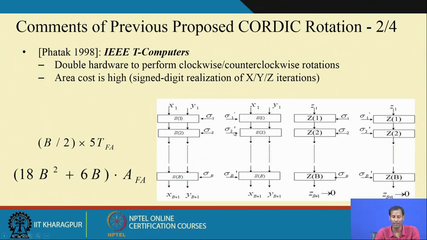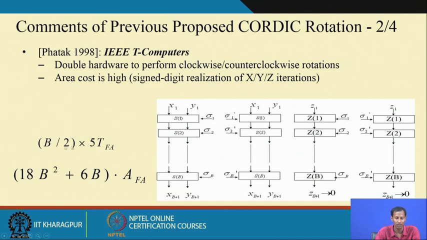So, here, as we are using double hardware to perform both clockwise and counterclockwise rotation, the area cost will be higher, because we are doing things in parallel, checking both clockwise and counterclockwise rotation. We are computing the sign from the beginning by considering both rotations.